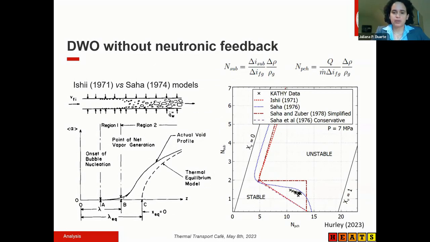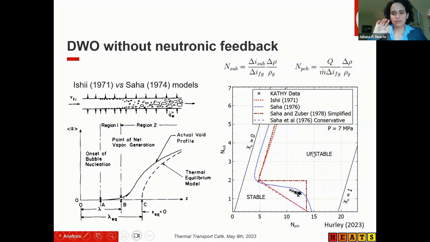But the main difference between Saha and Ishii is that Ishii simplified his model by ignoring the subcooled boiling. So Ishii only considered thermal equilibrium in the two phases, ignoring the subcooled model, whereas Saha included a function that I didn't add here, which tries to model the subcooled boiling by modeling the actual void fraction before our quality is equal to 0.